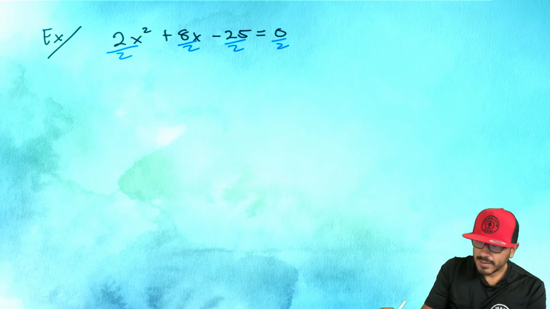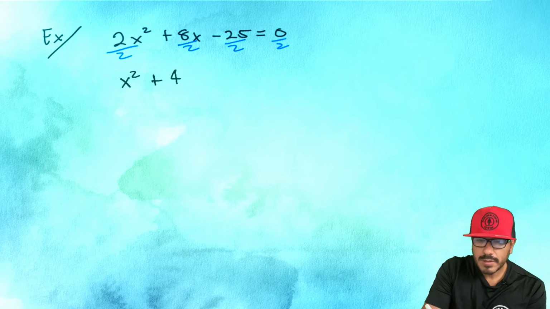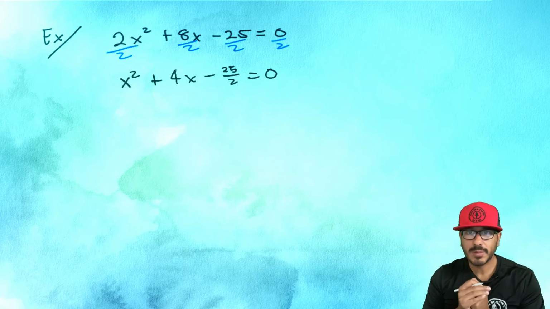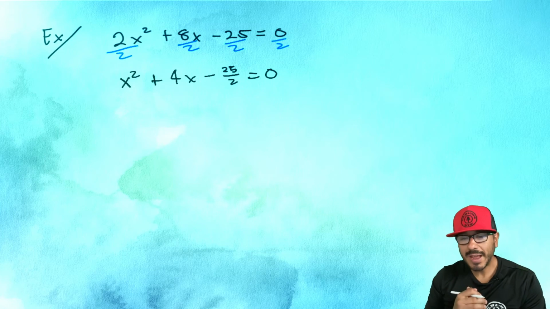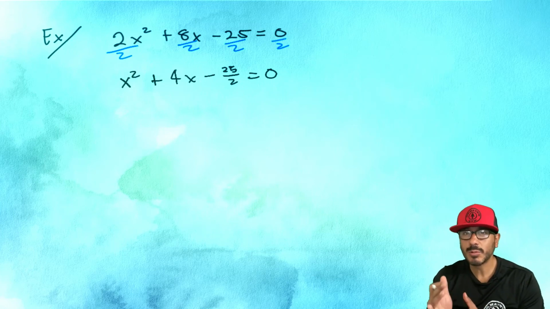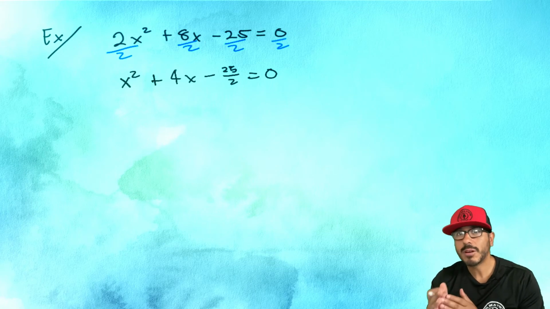So we get x squared plus 4x minus 25 over 2 equaling 0. And I'm just going to leave it as a fraction. Just because we have a fraction, that doesn't change anything. So don't change the rules just because you have a radical or a fraction, right?